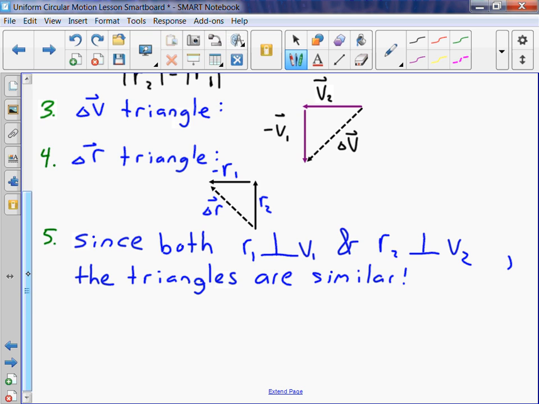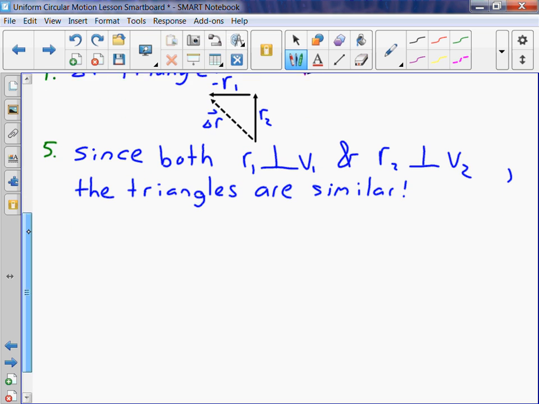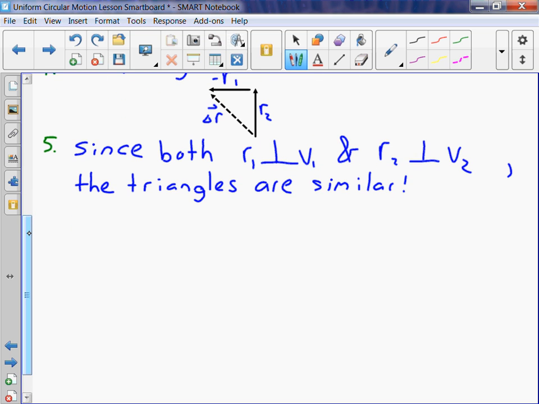All right, so this is important. This is a jumping off point for the rest of the proof here. We can use ratios now between V's and R's. Because of that property that they're similar, guys, I'm not going to lie, this is a long proof. We're about halfway done here. I ran out of colors.